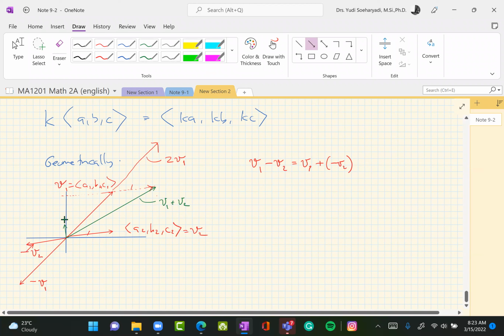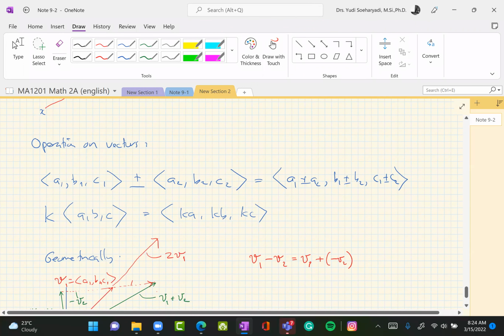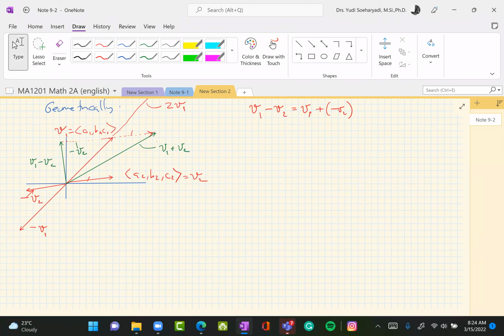Here, A1 minus A2, B1 minus B2, because this is minus B. So that's a geometrical intuition of vector addition and subtraction. All right. Same thing with vectors in space.